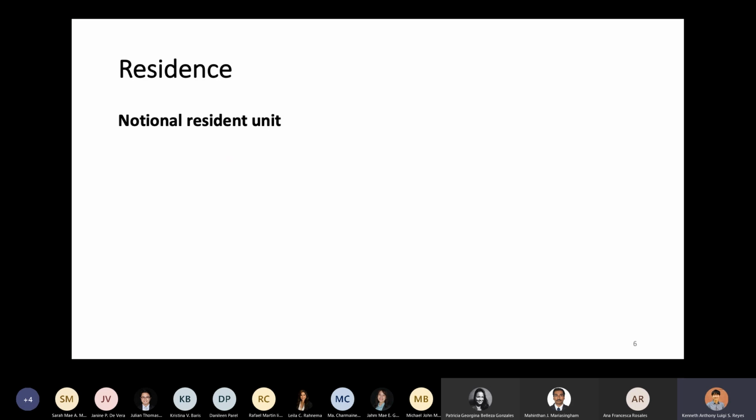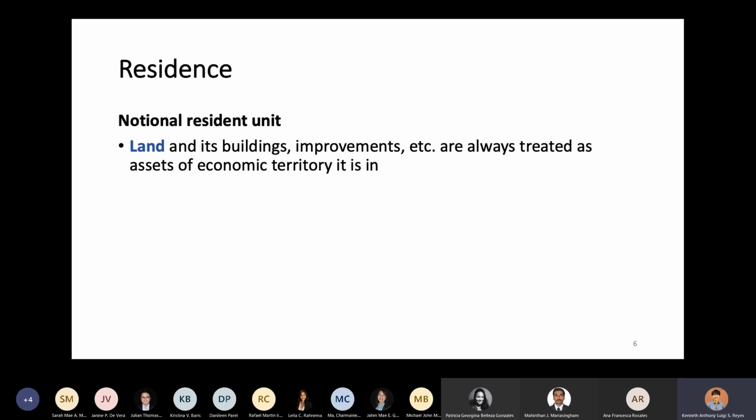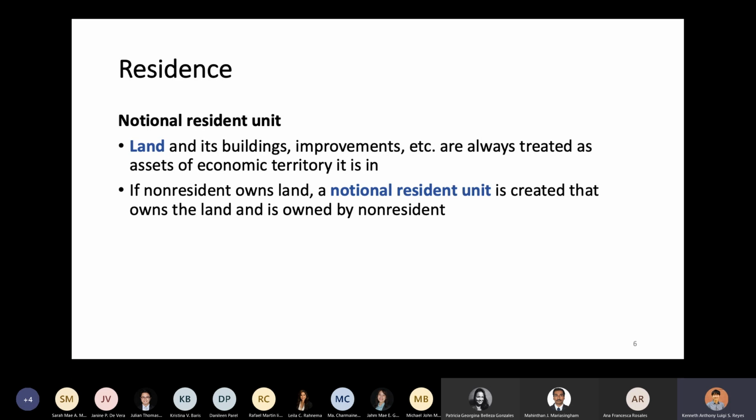Now, there's also a concept called a notional resident unit. Land and natural resources, as well as all the buildings and improvement structures on that land, must always be treated as an asset of the territory they are in. So if a country has natural resources, they must show up in its balance sheets. However, what if a non-resident owns that land? This clearly cannot be.